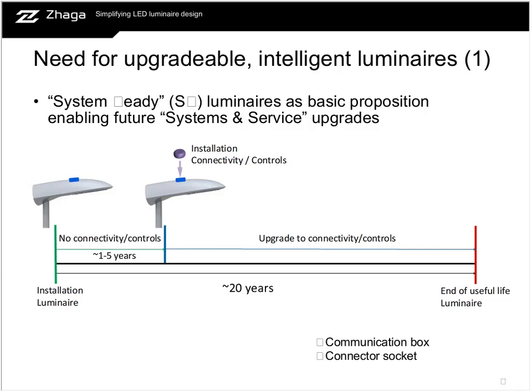Okay, on the first slide, there is explained the useful life of an outdoor luminaire, which in this example is 20 years, which is also a typical lifetime of an outdoor luminaire. This also means that when an outdoor luminaire is not installed with the option to upgrade it from a not connected to a smart luminaire, then we will lose this option and this node for the same period of time, so that means 20 years.